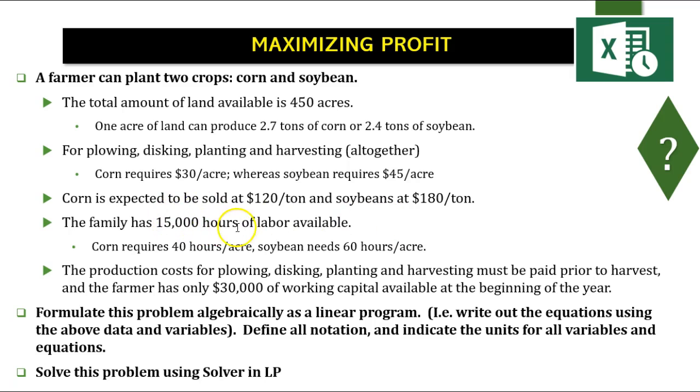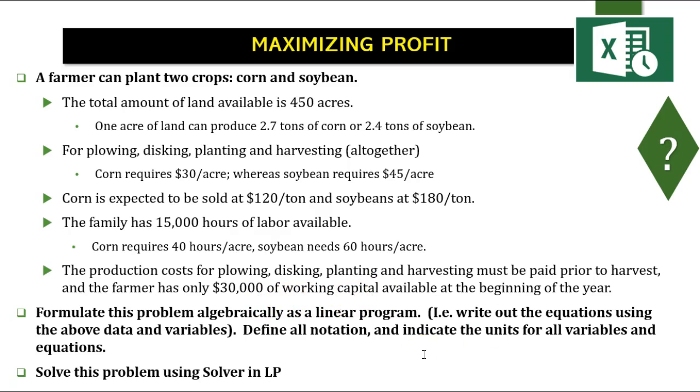We have the total available number of hours of labor and the requirements for corn and soybeans in terms of labor. In addition, we also know the quantity of working capital that the farmer has.